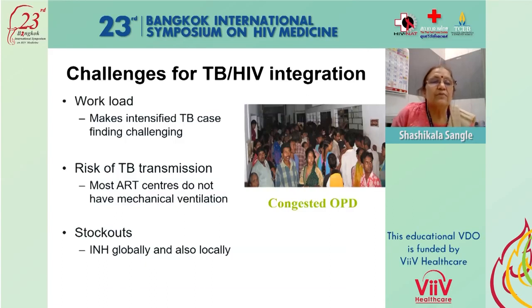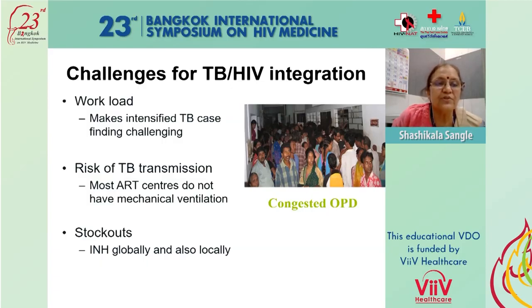Now, a very important point about the challenges: in spite of TB HIV integration, there are still challenges which we have to face. Since India has the highest number of tuberculosis cases in HIV, there is an increased workload which makes intensified TB case finding a challenging job.